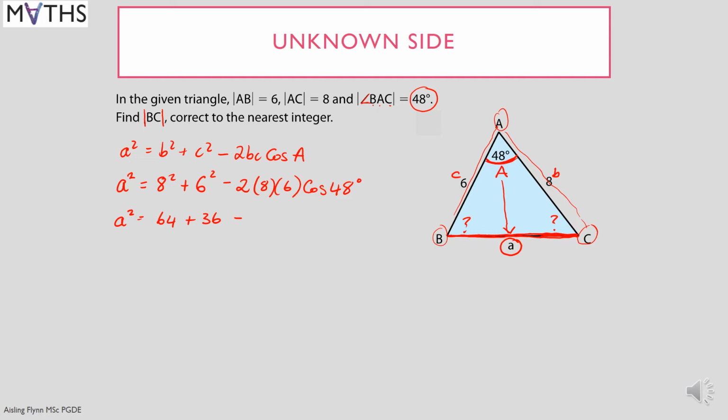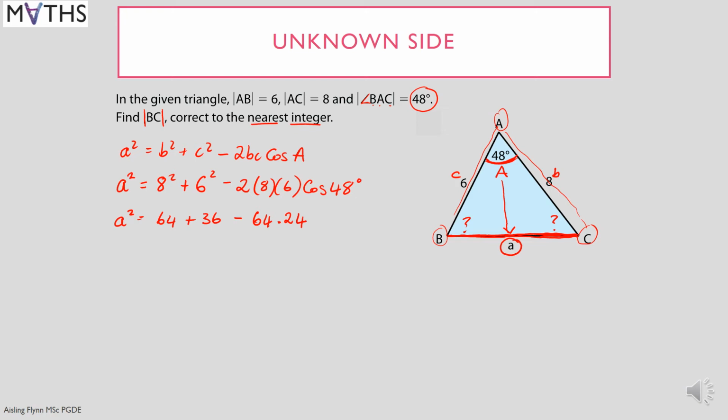The term to be subtracted is 2 multiplied by 8 multiplied by 6 multiplied by cosine 48 degrees. You can do it all at once on your calculator, and what I get here is 64.24, rounded to 2 decimal places. My final answer needs to be a whole number, as it says the nearest integer.